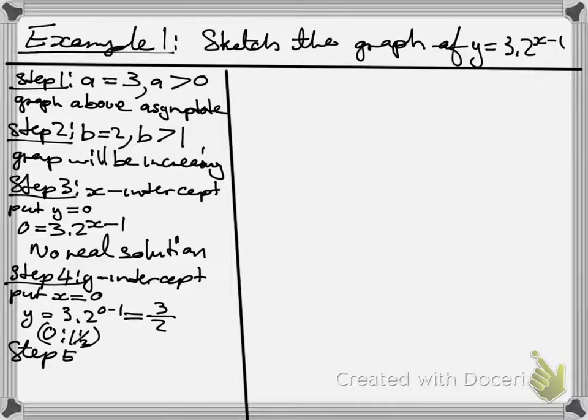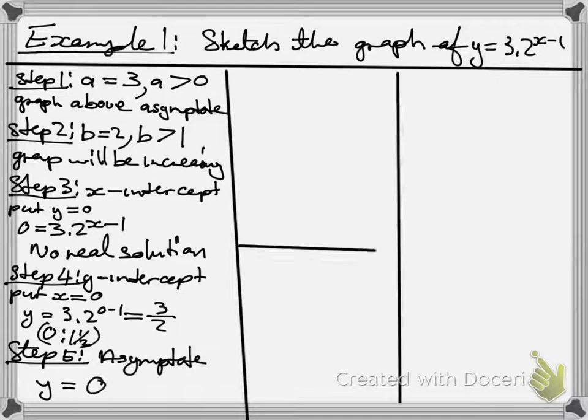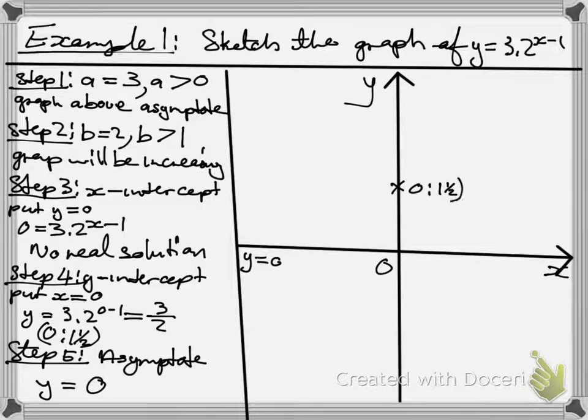That is our y-intercept. And then step number 5, we look for our asymptote. Remember, q = 0, which means y = 0, the x-axis. So we plot our intercept and our asymptote, and with the guidance of the values of a and b, we know that our graph is going to be an increasing function like that.